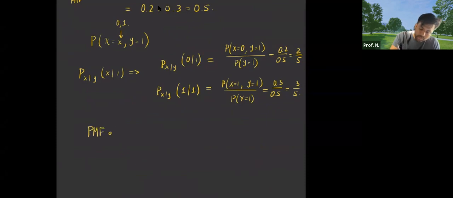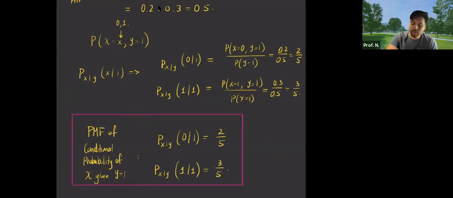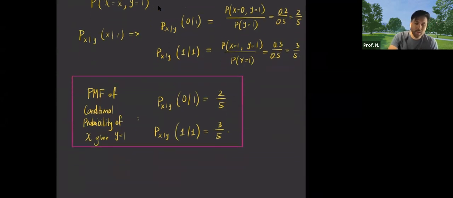So the PMF of the conditional probability of x given y equals 1 is given by this. X given y, 0 given 1, that's 2/5. And x given y, 1 given 1, 3/5. And then you can do the same thing for x given 0.